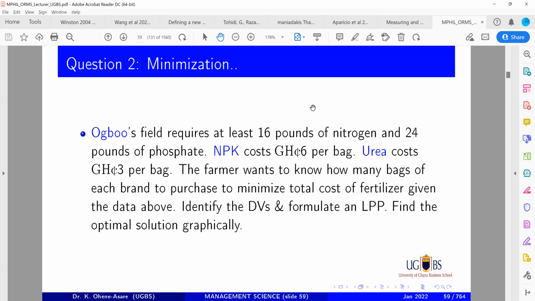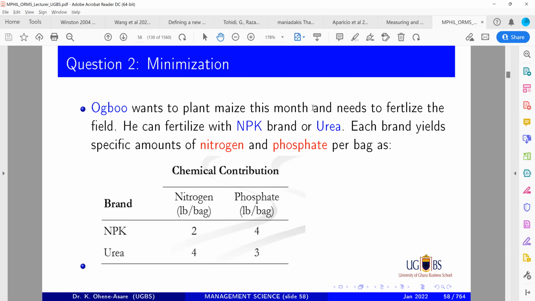But now you need to identify which ones are the decision variables. When you look at the question and the table and all other factors put together, what are the decision variables? These are your first line of contact. NPK and urea.